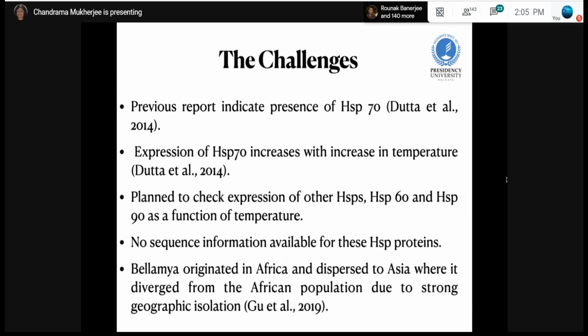But before starting that experiment, we noticed that there is no sequence information available for those HSP proteins. After some literature search, we found that Bellamia originated in Africa and dispersed to Asia. But interestingly, it is diverse from the African population due to strong geographic isolation.